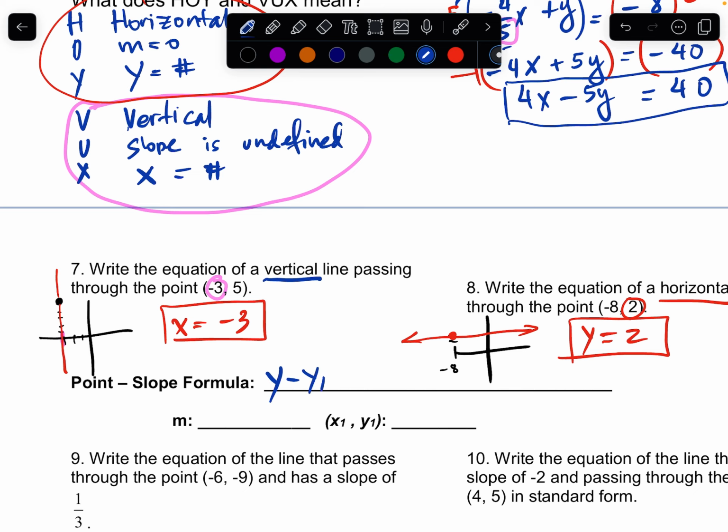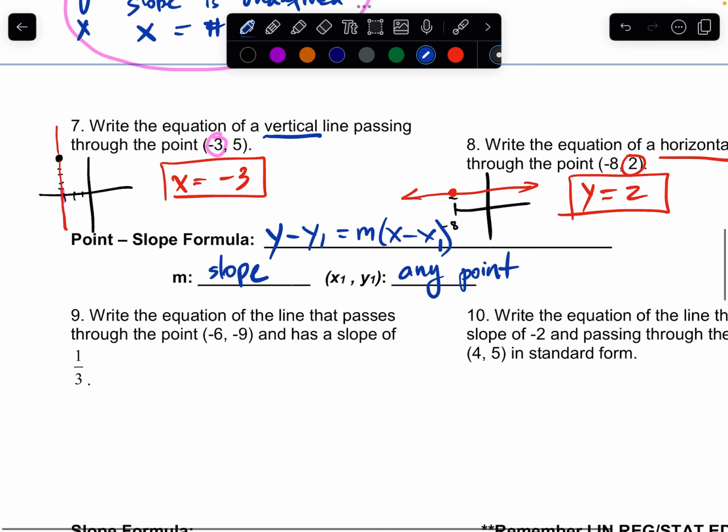It's y minus y1 equals slope times x minus x1. So m is still the slope, and x1, y1 is any point, a point on the line.